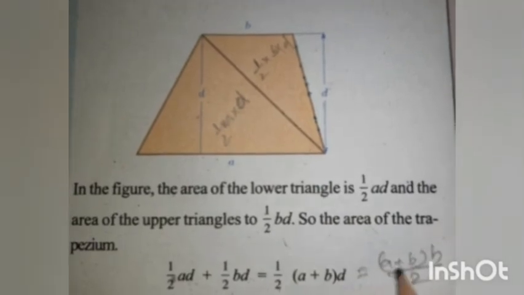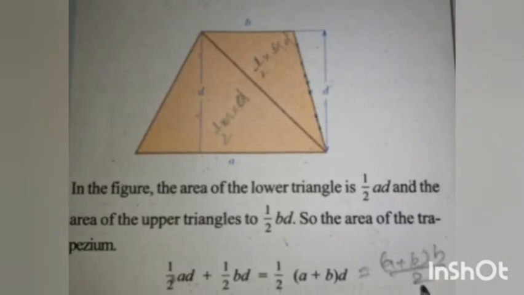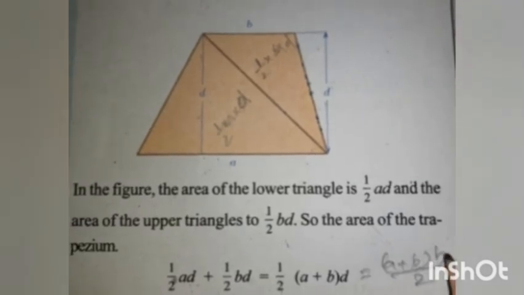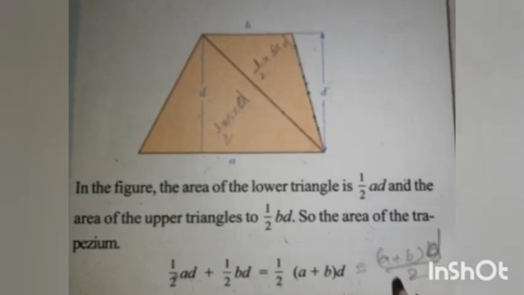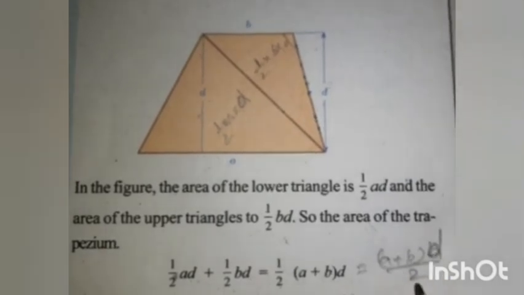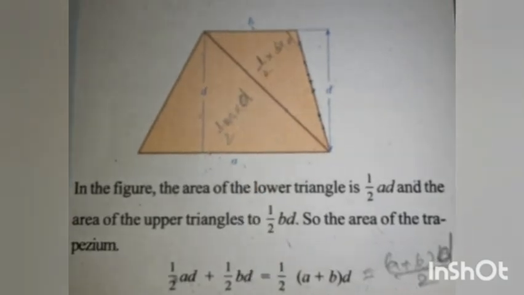So sum of two parallel sides multiplied by the height divided by 2. Instead of H you can write D. So A plus B into D by 2. D is the distance between the parallel sides. So the sum of these two parallel sides multiplied by the distance between the parallel sides and divided by 2.